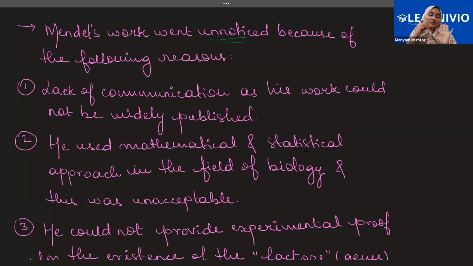I mean, for me, I suffer a lot. I cannot hate anything more than maths. But the same goes for all the biologists, right? And in his time, since he was the first crazy person to use maths in biology, no one was accepting it. They were like, how could you use maths in biology? It's not acceptable. So that is why his work was unrecognized.